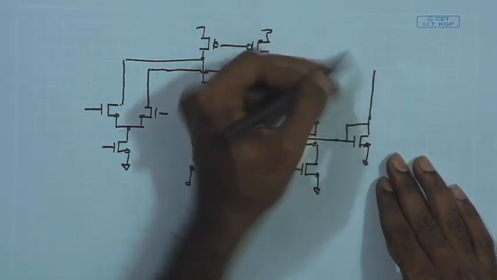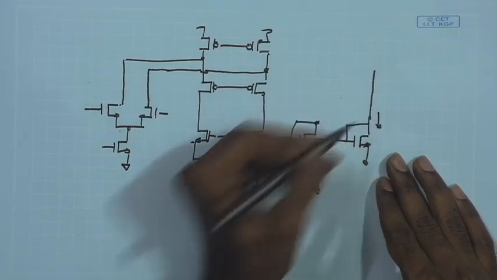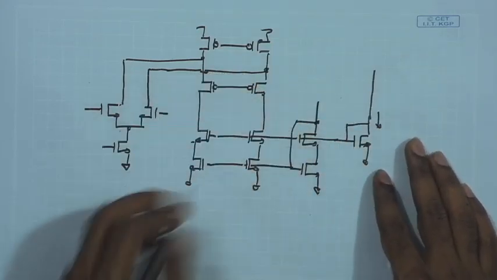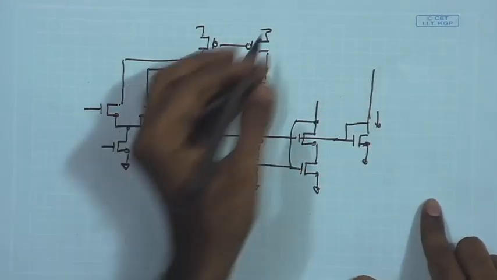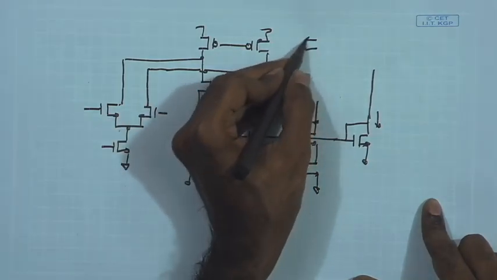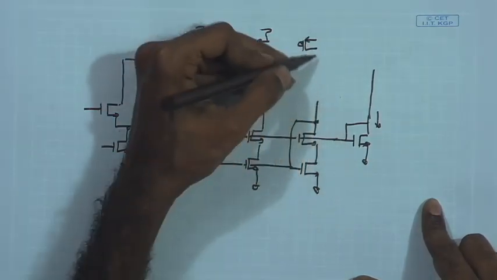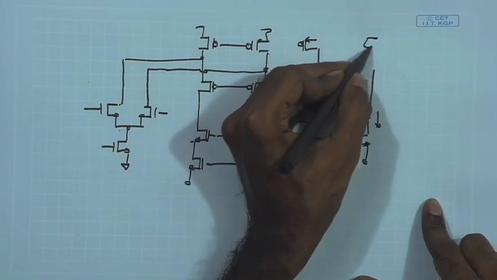Assuming that there is an IREF coming over here, which is common to both these branches, you are having the same IREF getting injected in these two. So, for the sake of completeness, I can draw the IREF branches.